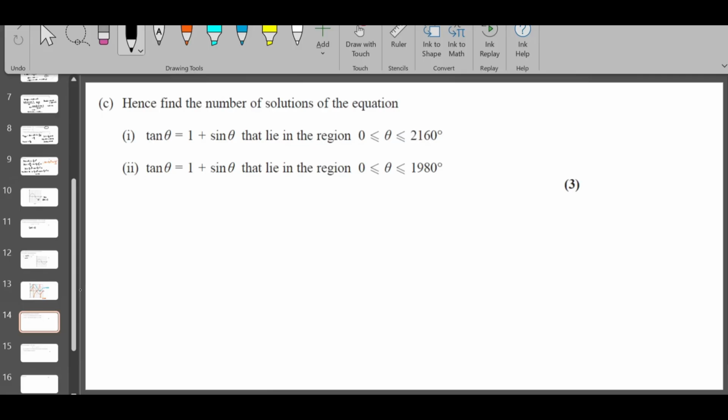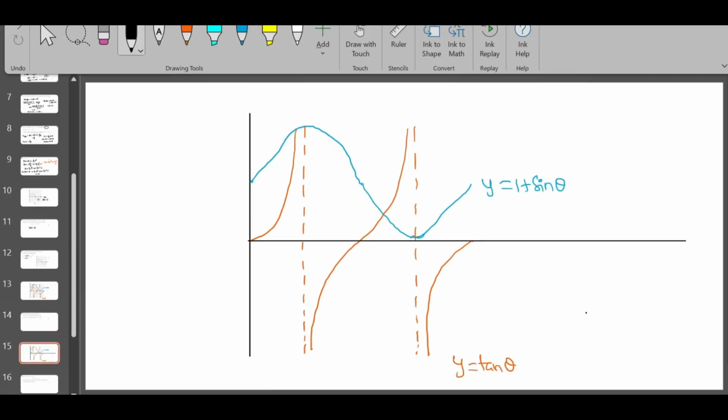Now, hence find the number of solutions of the equation tan theta is equal to 1 plus sine theta from 0 to this. Okay. I have taken both 1 plus sine theta and tan theta here. So this is 90 degree, 180, 270. This is 360. Okay, this is x-axis and y-axis. Now they are talking about the point of intersection of these two graphs. When they say solution to this equation, that's same as point of intersection of these two graphs, right?